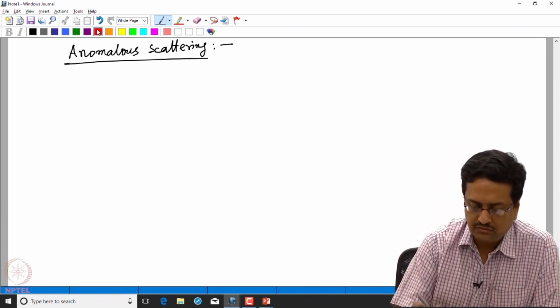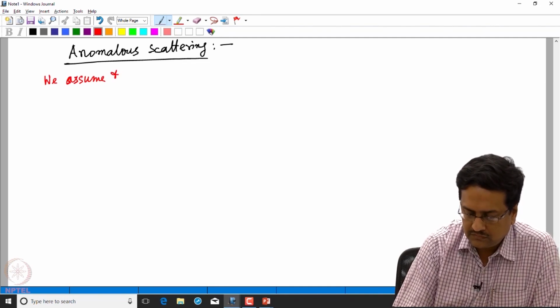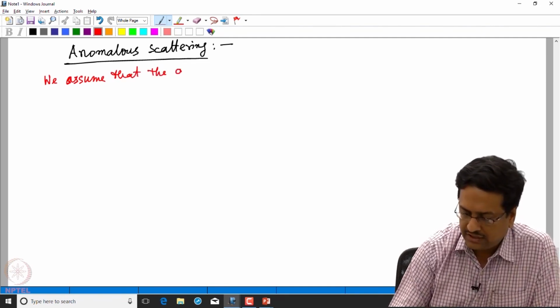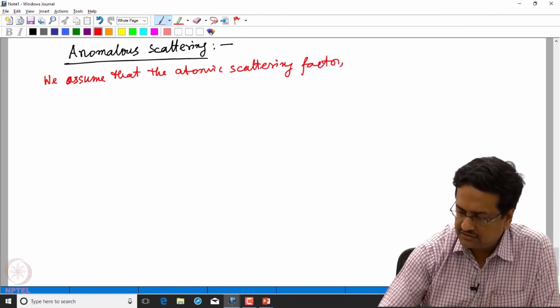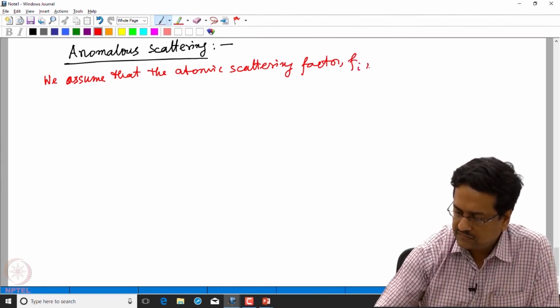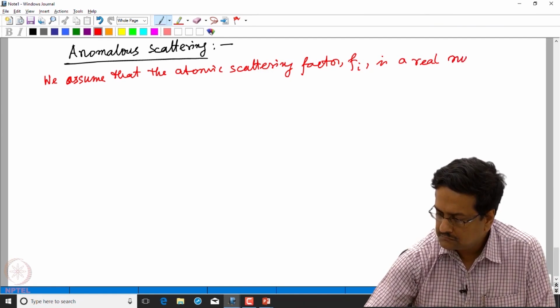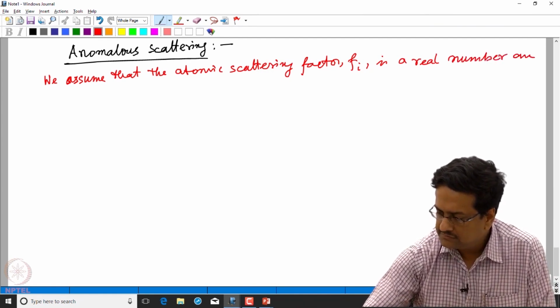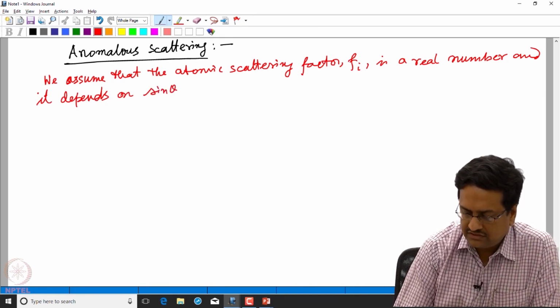So what we do is we assume that the atomic scattering factor, that is Fi, is a real number and it depends on sin theta by lambda.